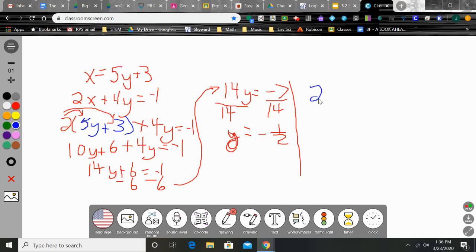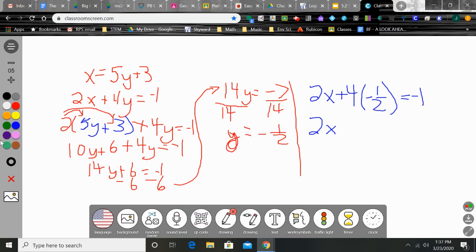Okay. Let me change colors. So 2x, right, plus 4 now times y. We said y is negative 1/2, so here we're going to plug in negative 1/2. And that is going to equal negative 1. Okay? So 2x stays the same.